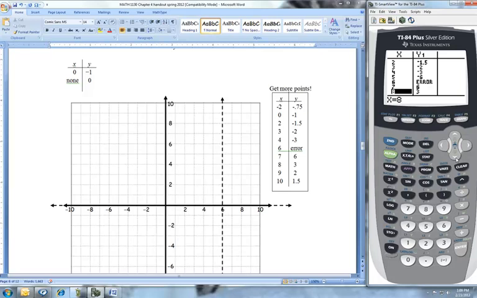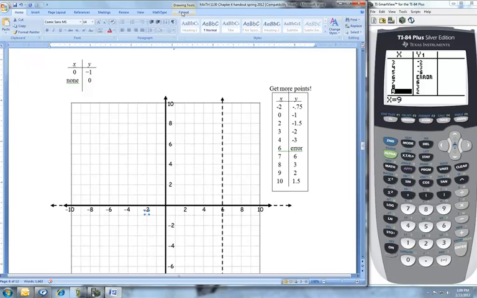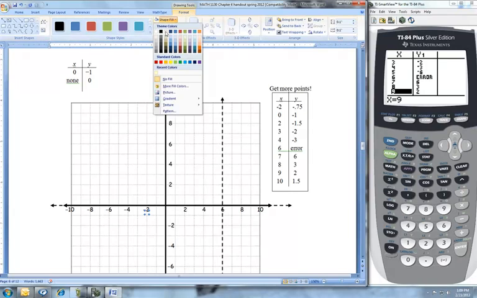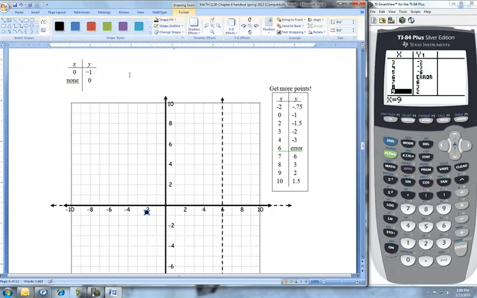So let's see, 7, 6, 8, 3, and then I'm going to plot them. Let me see, -2 and 7.5, somewhere right in here. So let me get my point. There's that point. I see 0, -1. Let's plot it. 2, -1.5.